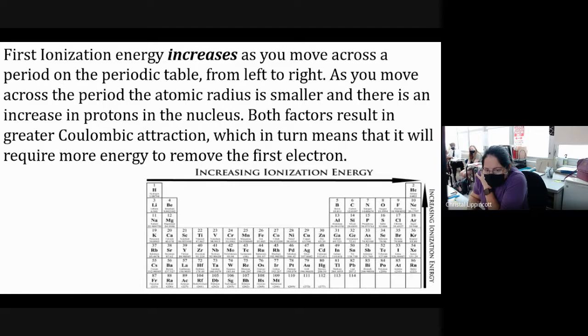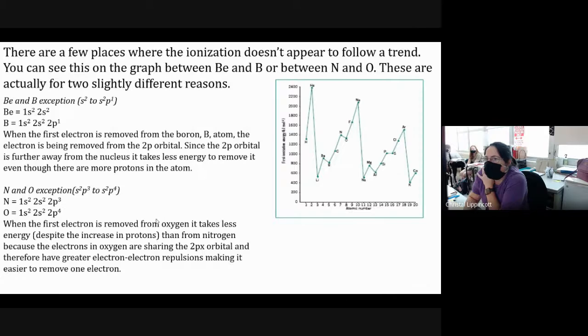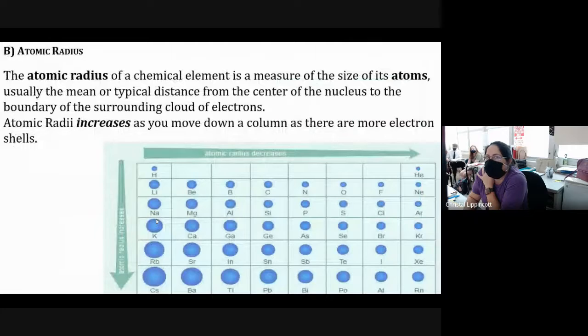Okay, trying to see where I'm at here. There we go, I can switch between those. That's easier. Okay, atomic radius. If we're talking about sodium and lithium, sodium is going to have a higher atomic radius than lithium, because it has more layers.